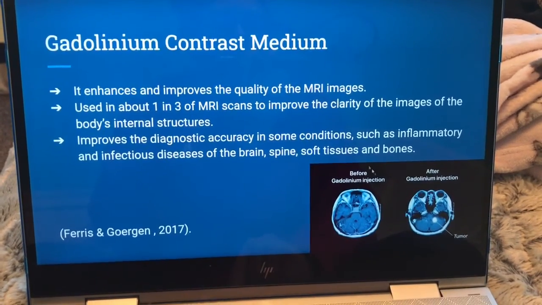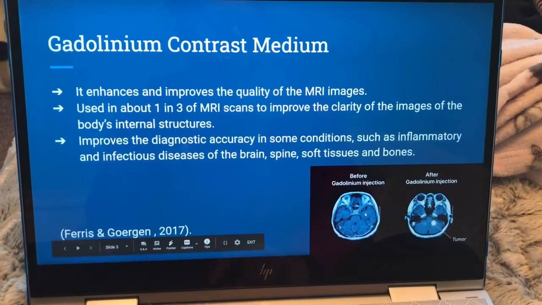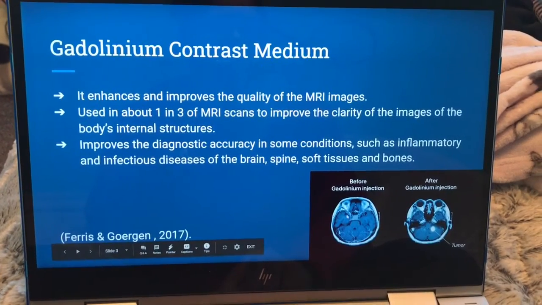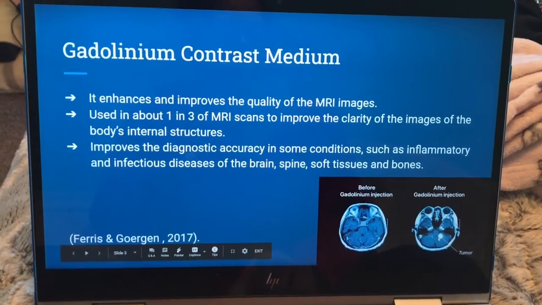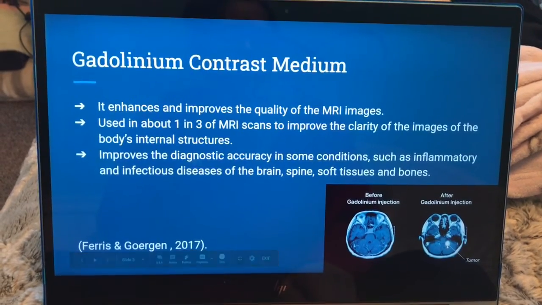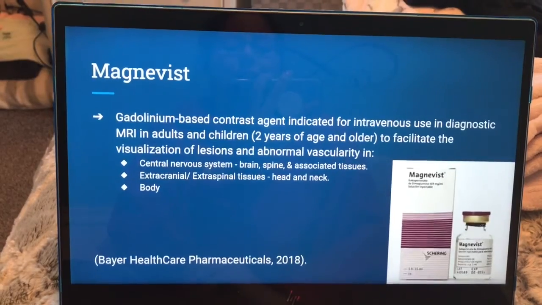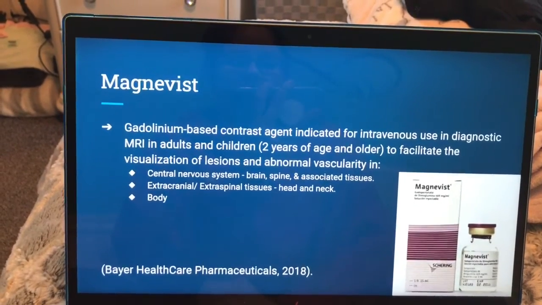In this picture down here, you can see MRI of the brain before the injection and after the injection, and you can see the tumor a lot more clearly. And there is Magnevist.